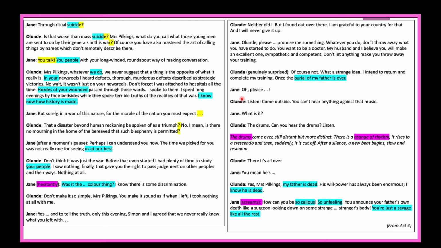Anything to do with purple is a dramatic device, something specific to the form. So obviously you've got the interruption of music here, but also I've gone for some stage directions that I think are particularly important. So they're all dramatic devices. Anything in blue is more to do with the language and things that I've noticed about language, and anything in yellow is to do with structure. You notice that it's mainly to do with punctuation.